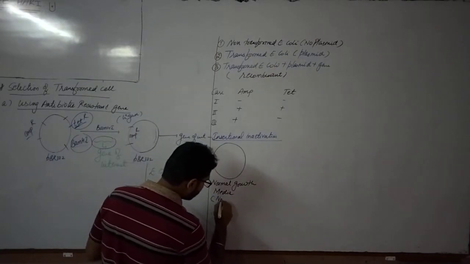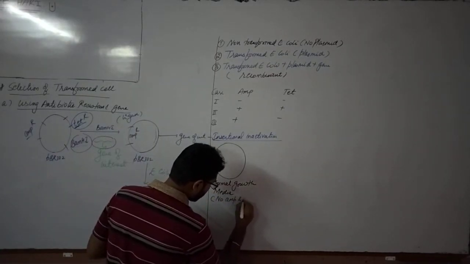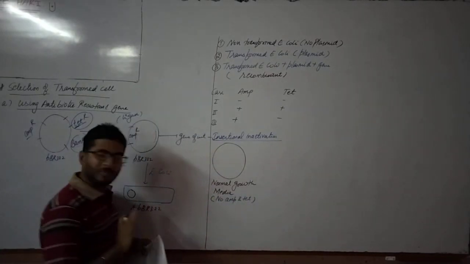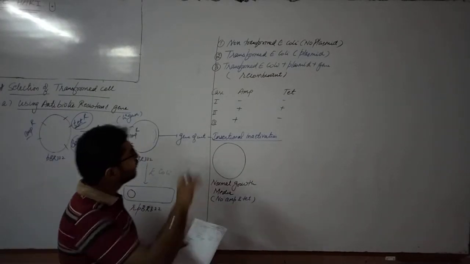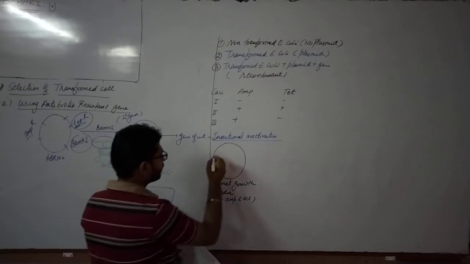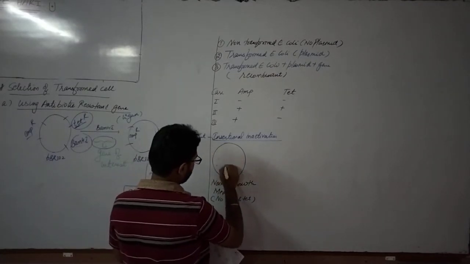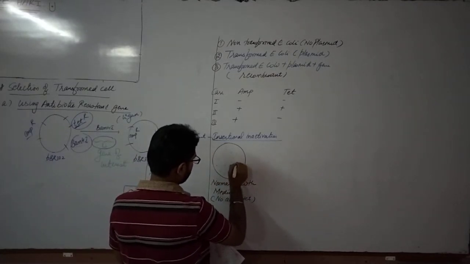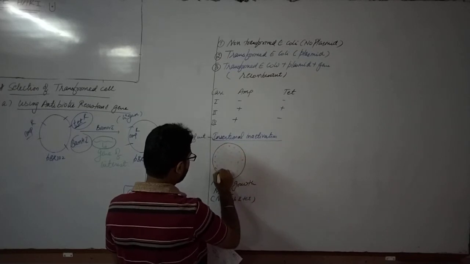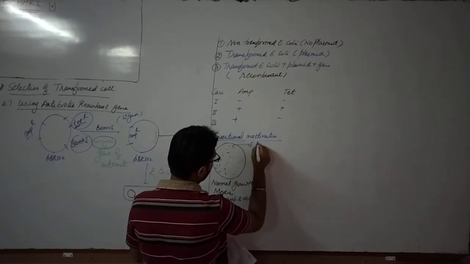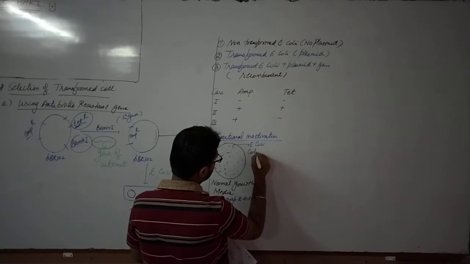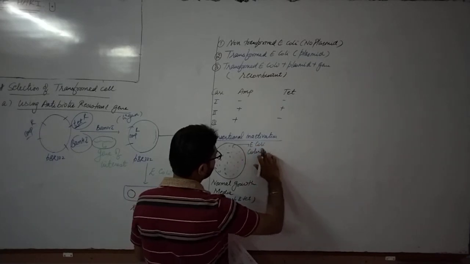No ampicillin, and no tetracycline. Ampicillin is not there, tetracycline is also not there. So all these will grow. The colonies that we will observe or obtain will be E. coli colonies.